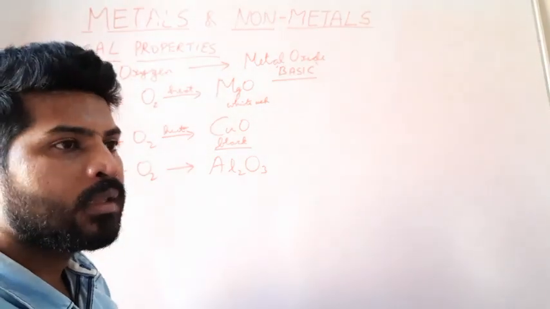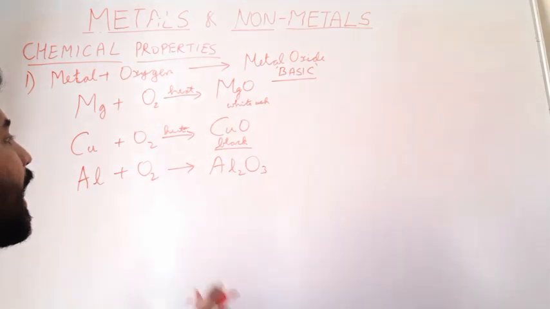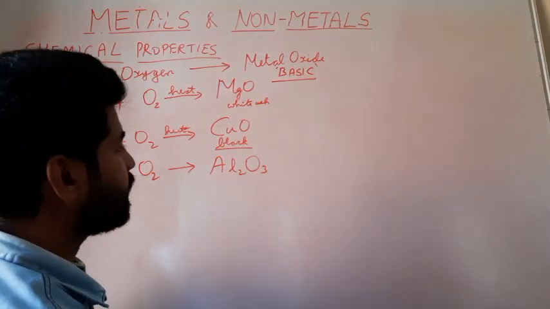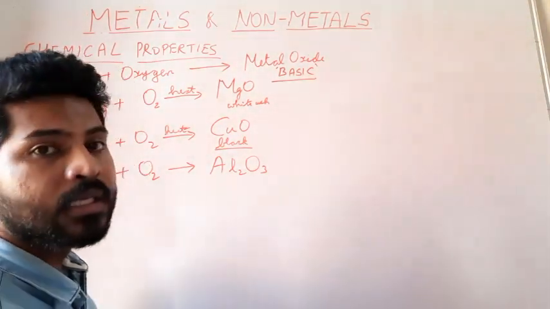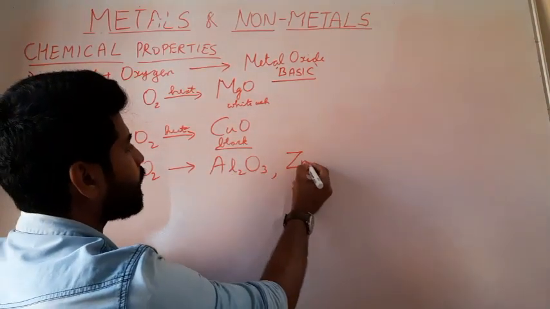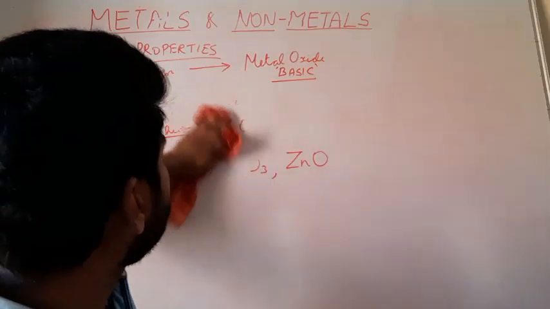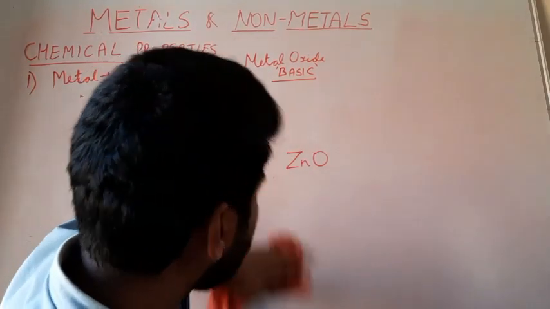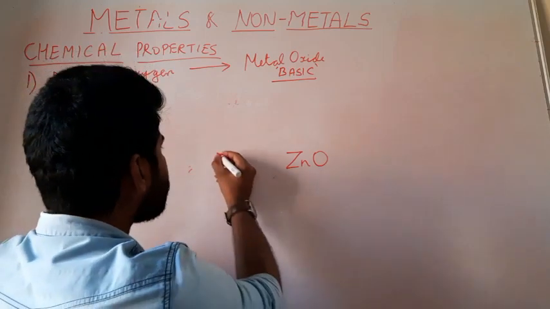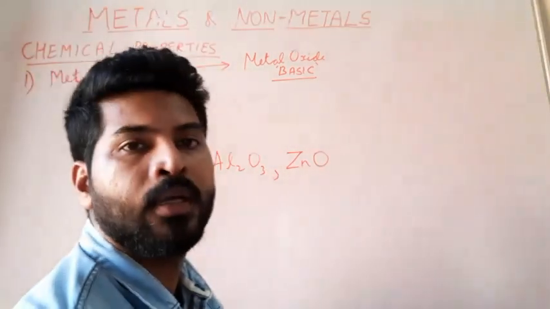But there are some metal oxides which have both acidic as well as basic properties, for example aluminium oxide and zinc oxide, which can react both with an acid and with a base.